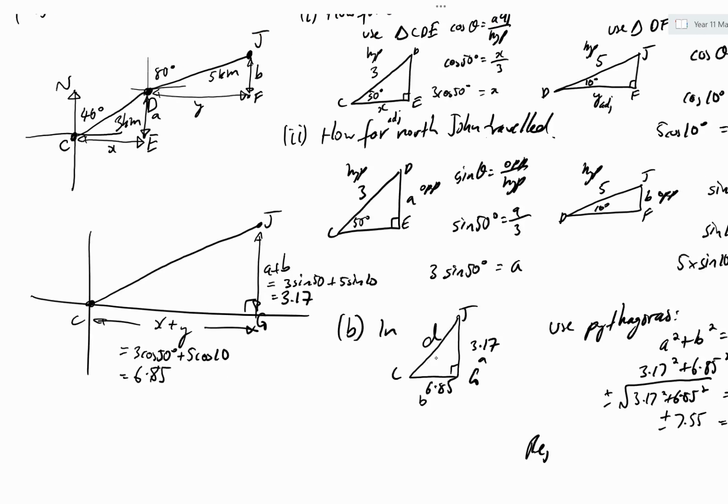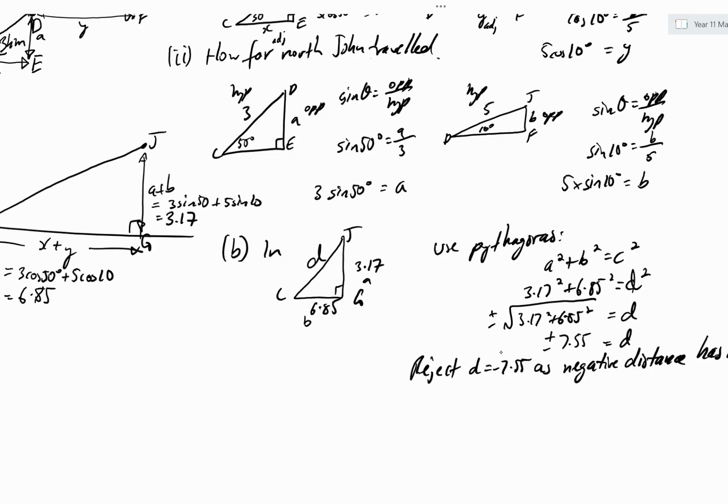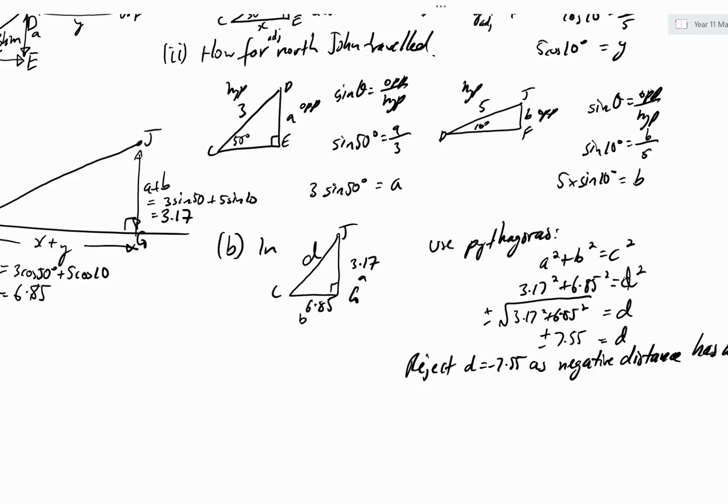Okay, always reject D equals minus 7.55 as negative distance has no meaning in here. Alright, so I'm going to write some statement here. She has to walk 7.55 kilometers.